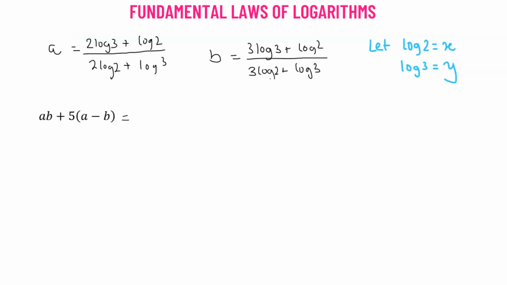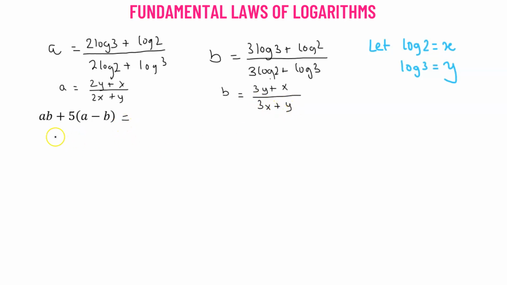That means our value of a equals 2 times log of 3, so that's y, plus log of 2, which is x. So we have 2y plus x divided by 2x plus y. This is the value of a, and b will be equivalent to 3y plus x divided by 3x plus y.